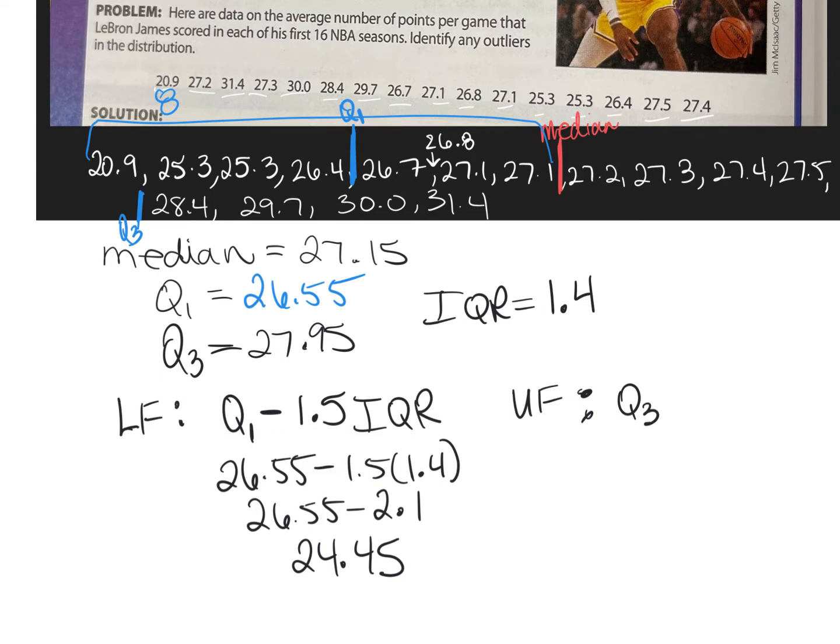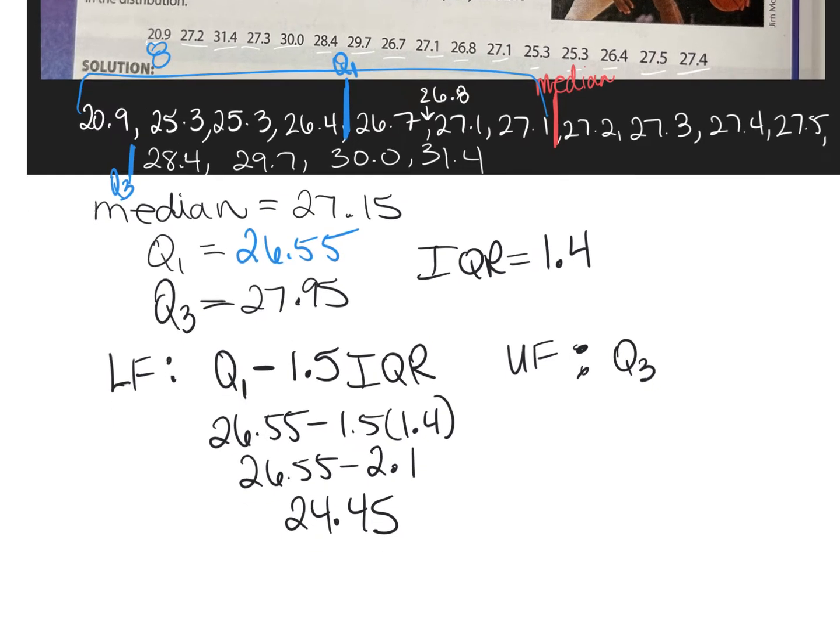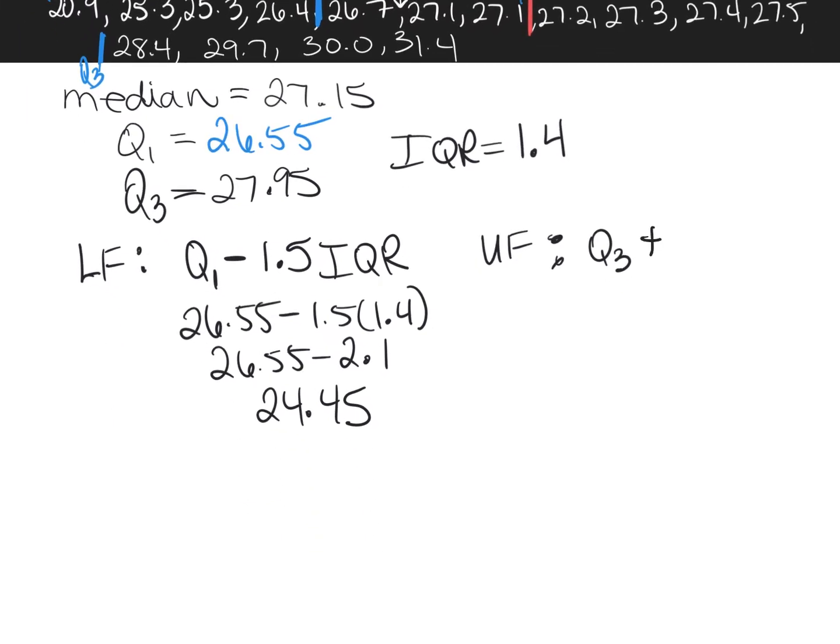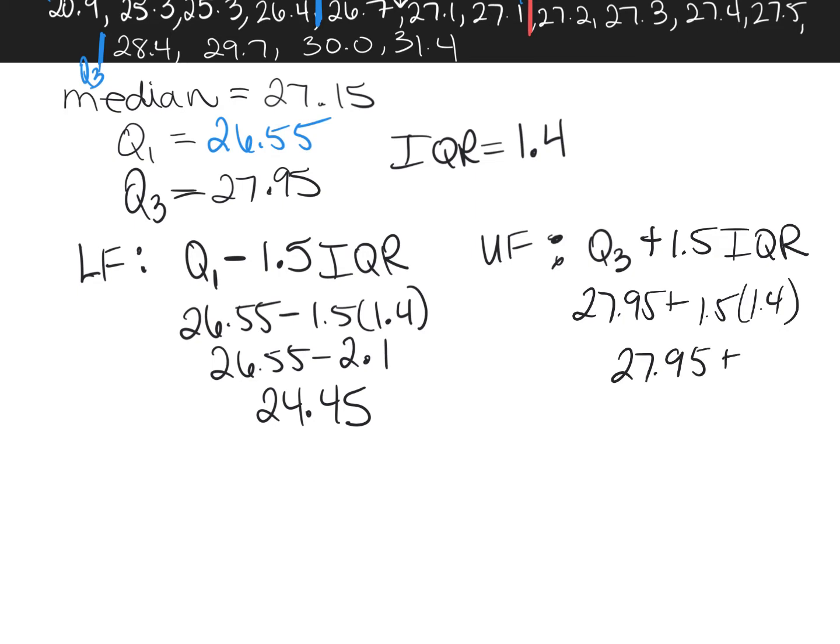Now I want to know what's 1.5 IQRs above the third quartile. So Q3 plus 1.5 times the IQR, which is 27.95 plus 1.5 times 1.4, 27.95 plus 2.1, 30.05.